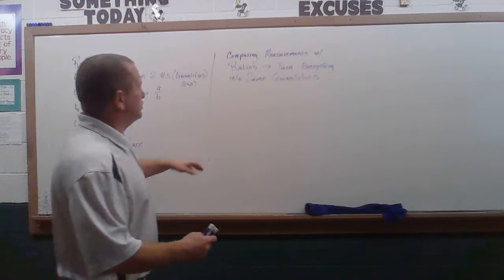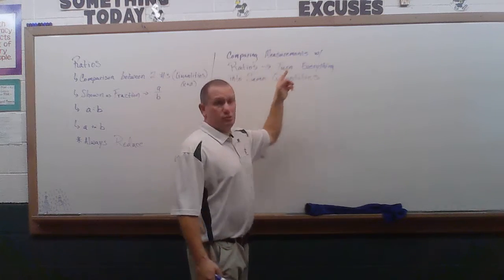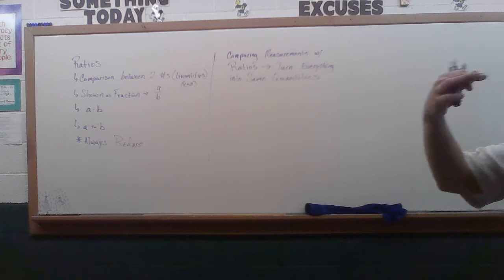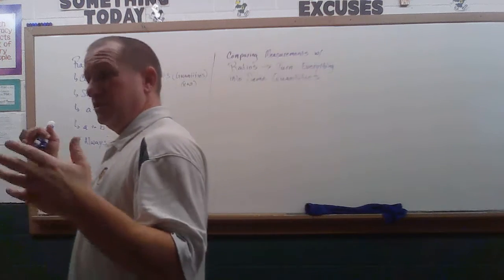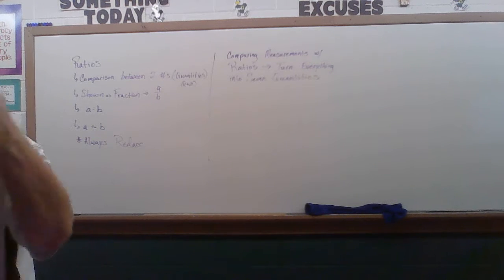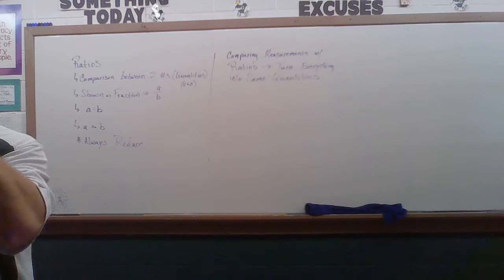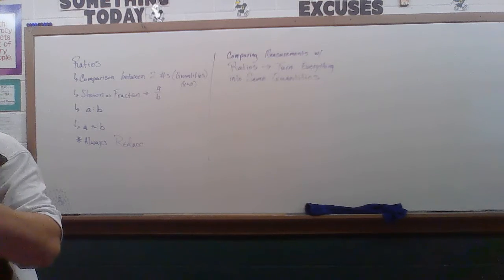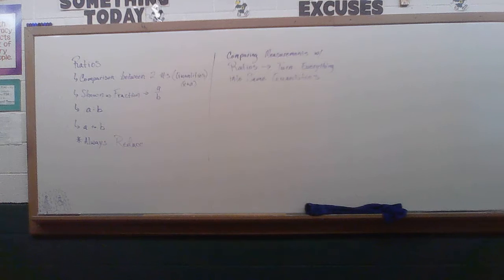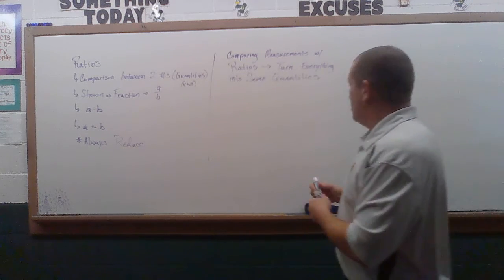So in this case, when we're talking about these measurements, we're talking about those lengths or those widths, those things that we can actually measure. All right? The centimeters, the inches, the cups, those kind of things. That's when we want to make sure of this. Here, when we're talking about the ratio of 10 roses out of 12 flowers, it's still flowers. We're just writing it in a different order.